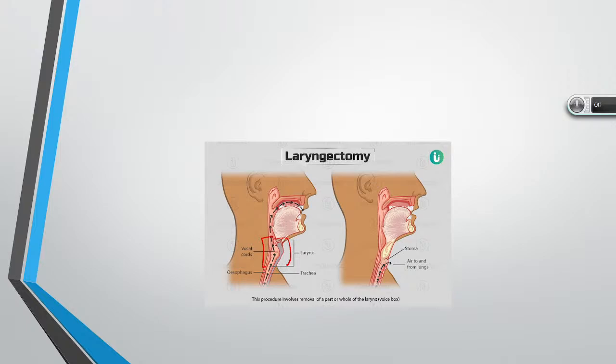Here are the larynx, vocal cords, esophagus, and trachea. The basic procedure involves the removal of part or the whole larynx. If you only remove the vocal cord, it is a partial laryngectomy, and if you remove the whole larynx, it is called a complete laryngectomy.